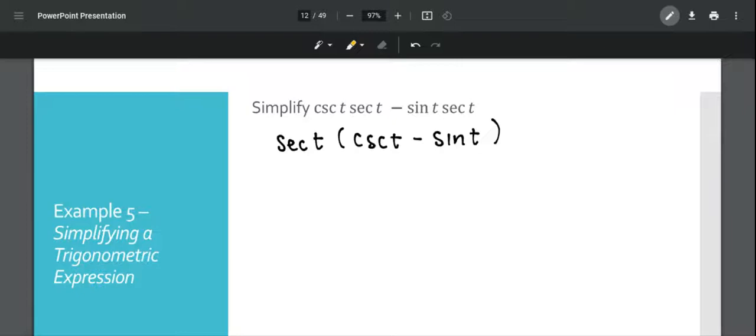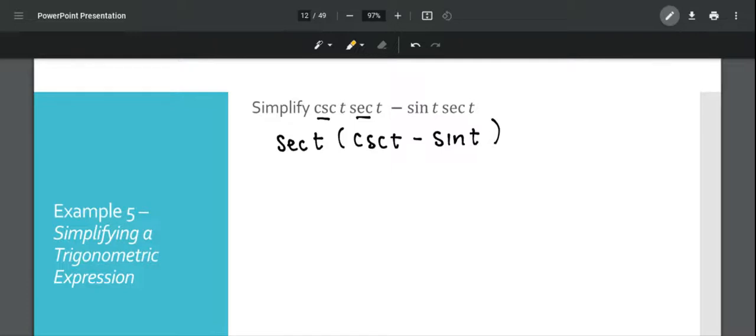Okay. And again, the way that I'm simplifying it, you may think about it a little bit differently, but as long as you do it correctly, you'll end up in the same spot. So where I'm factoring out a secant, maybe someone else is changing the cosecant and secant into reciprocal functions to start. And it can work that way too.